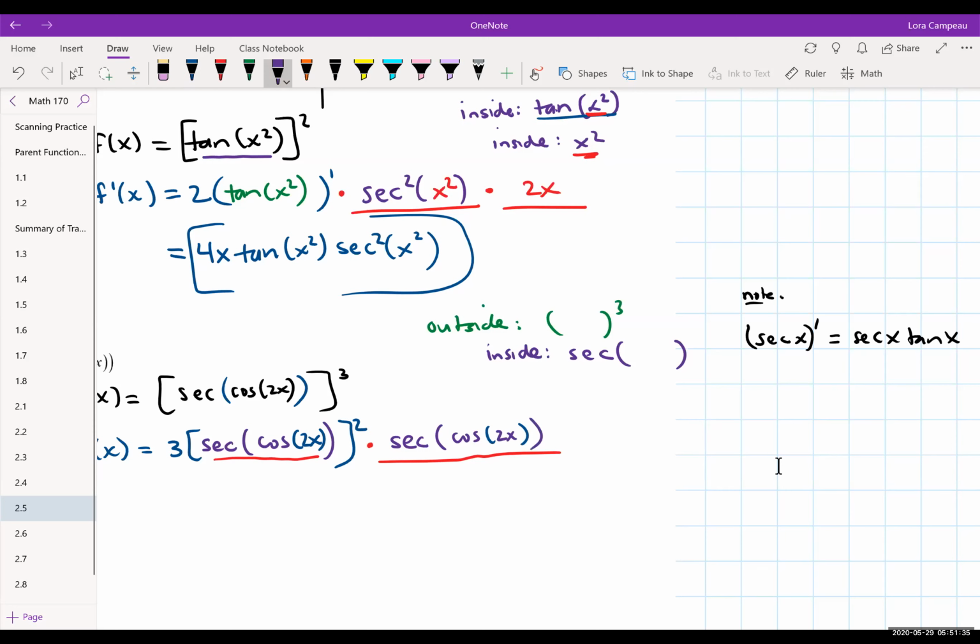So there's the secant x part right there, multiplied by tangent of cosine of 2x. There's the tangent x part now. So that's our first link.